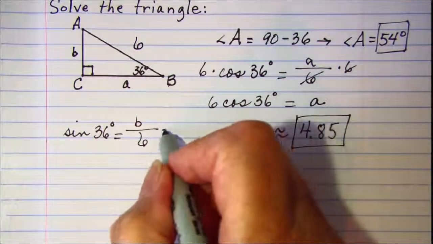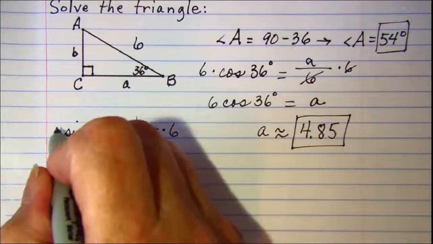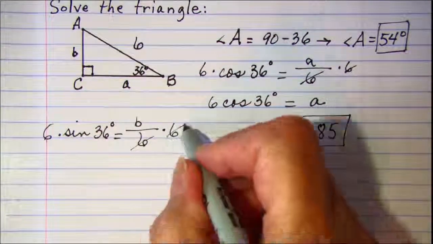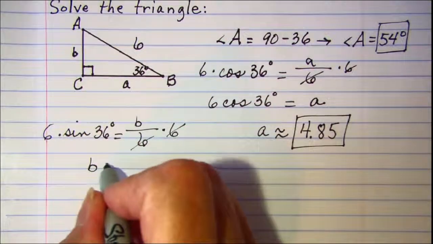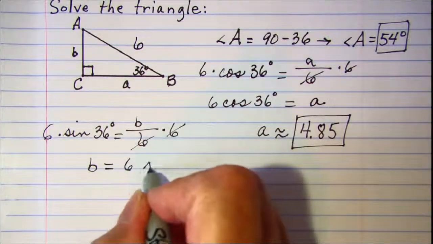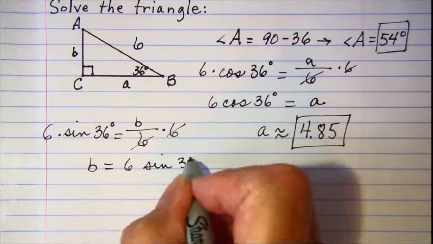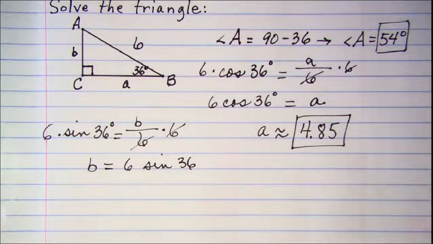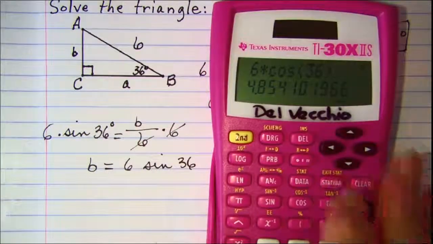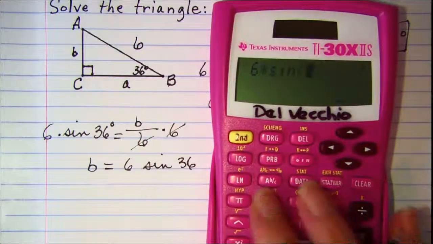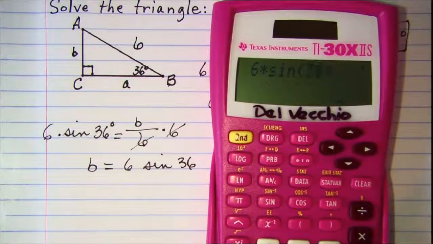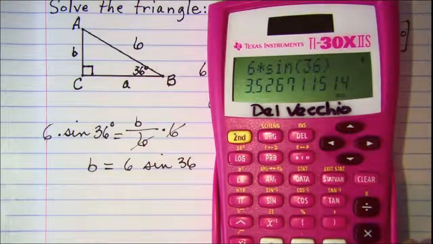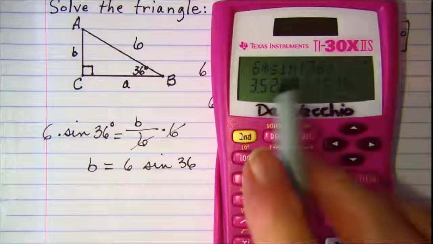So again, multiply both sides by 6, and these will cancel. And we have B is equal to 6 sine 36, which I can do on my calculator. 6 times the sine of 36 is 3.53.